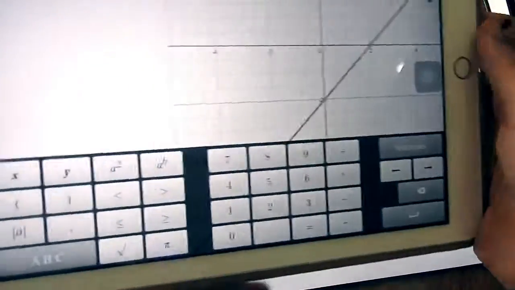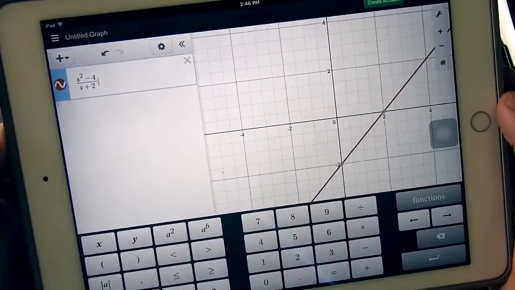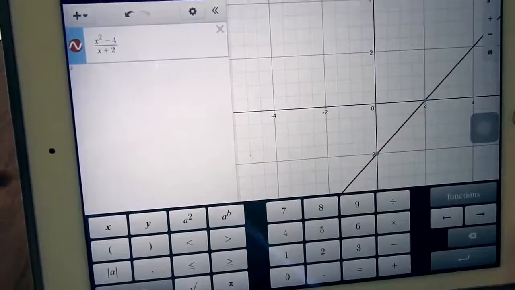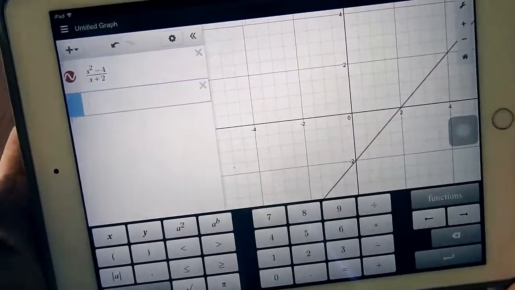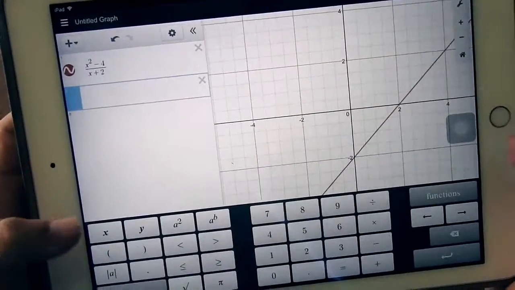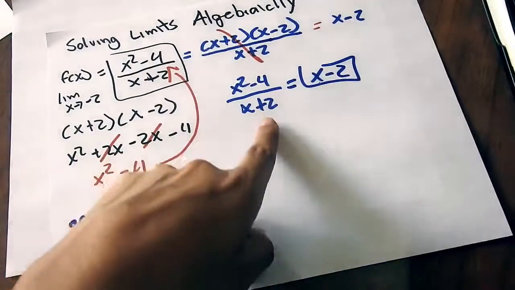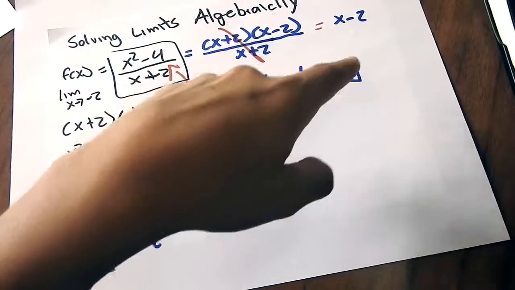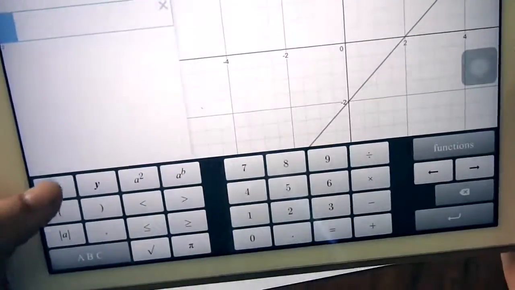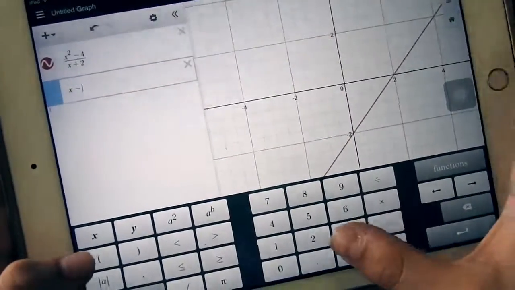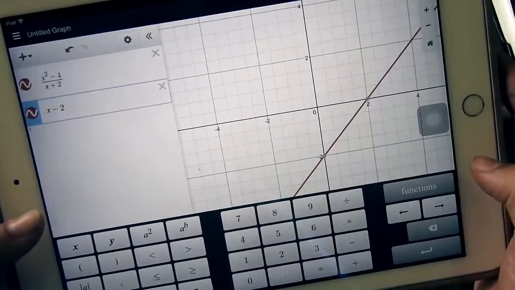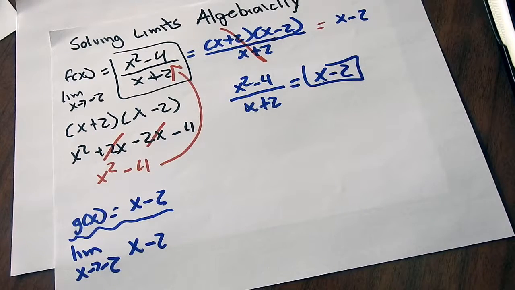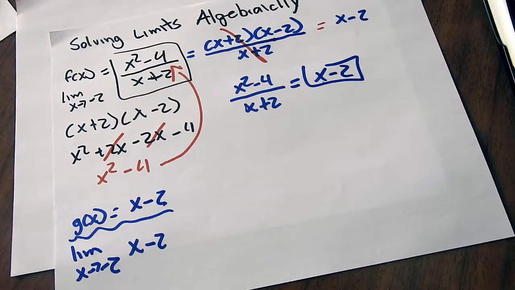Here we have in decimals the red line, which is the function f of x, where we have an invalidated function if we evaluate for negative 2. And now, as I claimed here, x squared minus 4 over x plus 2, manipulating it, is going to be x minus 2. So if I write x minus 2, it is the same exact function. So now we can evaluate the limit when it's negative 2.